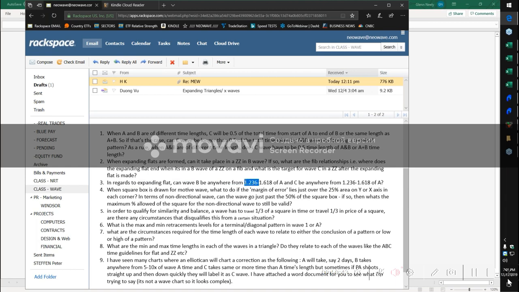So I would try to keep it in the 138% range, not 161. Anything above 1 to 1.38 is getting too much. If it gets this big, it's very unlikely the C wave will be bigger than the A wave. Right. Okay.